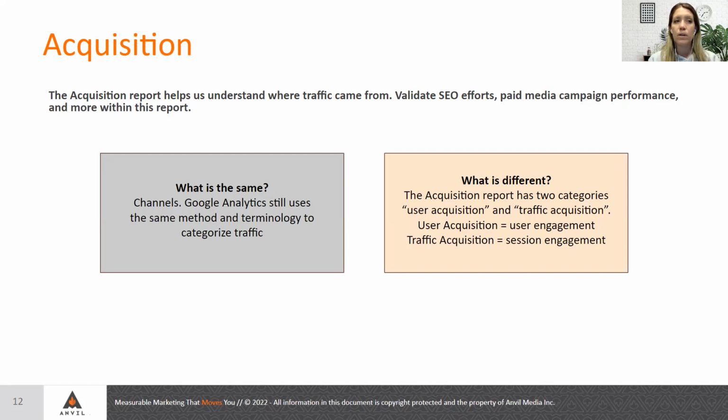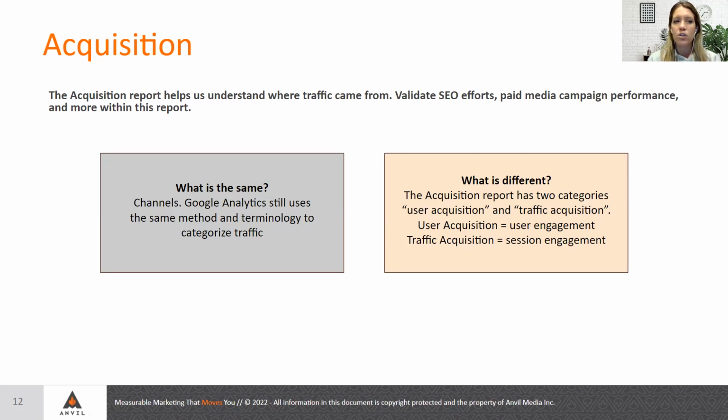If you think back to the Universal Analytics side of things, one single user can have multiple sessions. So the way to think about this is that user acquisition is going to focus on the individual and mostly the first-time users, whereas your traffic acquisition is going to be focused on the session and the overall traffic as a group, as a whole, that comes to your website. So that's the main difference.